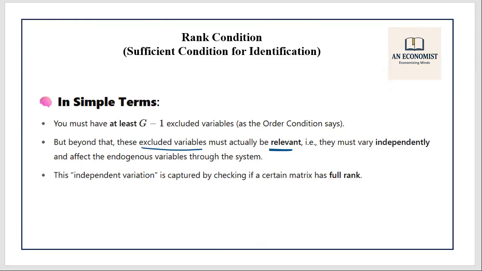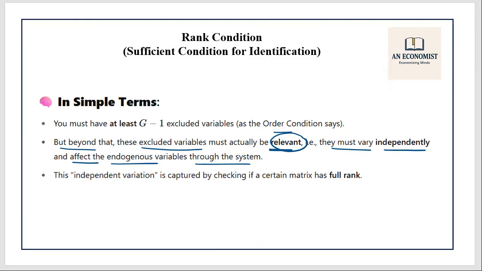Beyond the order condition, the excluded variables that we have selected for our study must be relevant enough, right? Relevant means they must vary independently and affect the endogenous variable through the system of equations.